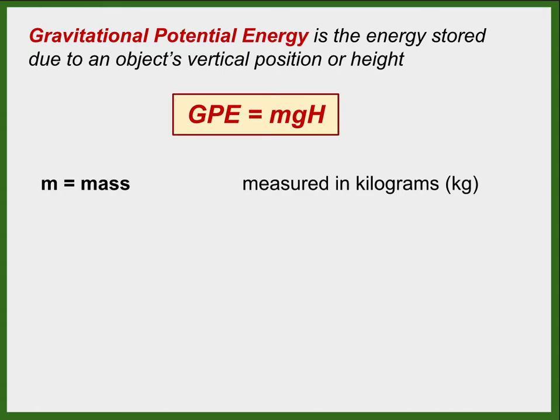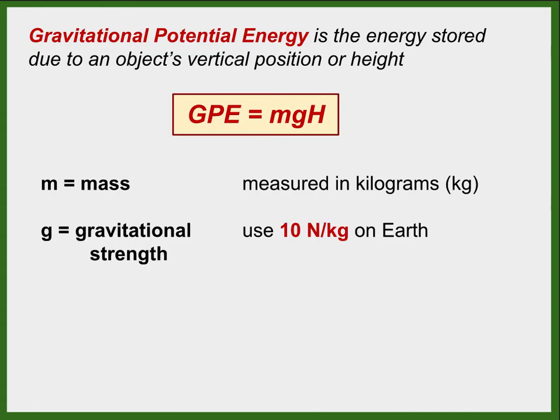So we will use M for mass in kilograms, but for that value of little g, think back to earlier things we've studied, how the gravitational strength on Earth is 10 newtons per kilogram. And so whenever you do a problem with potential energy, you're going to have to remember to put in 10 for that little g.